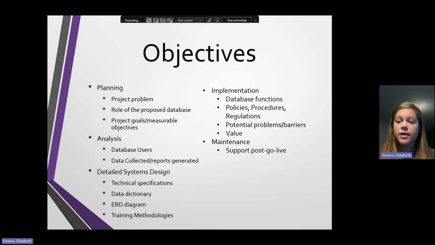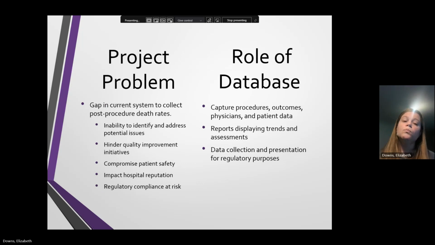The implementation process includes visuals on the database functions and outcomes, as well as a discussion on assuring the security, privacy, and integrity of the database. A dialogue will be had regarding potential problems and barriers. Finally, the maintenance phase outlines what comes after implementation for the life of the database, including upgrades and enhancements.